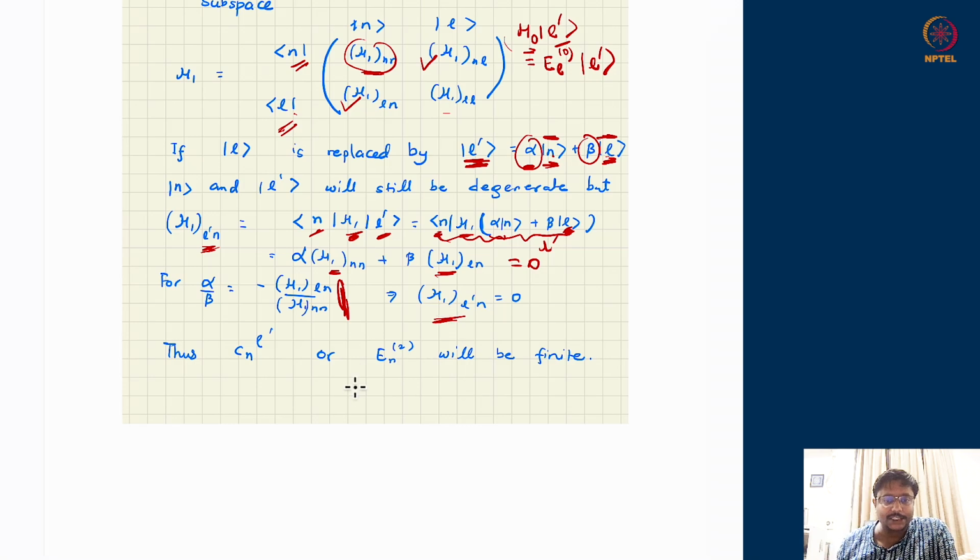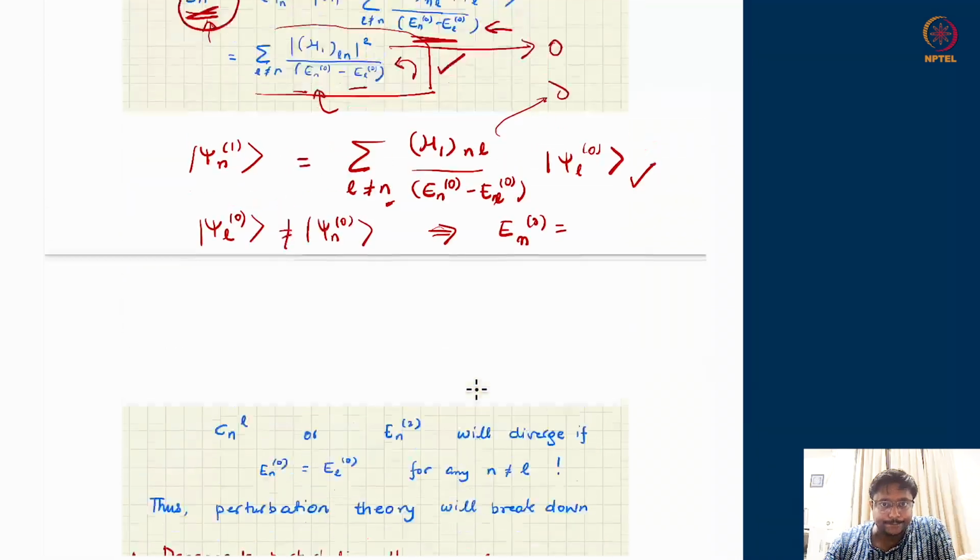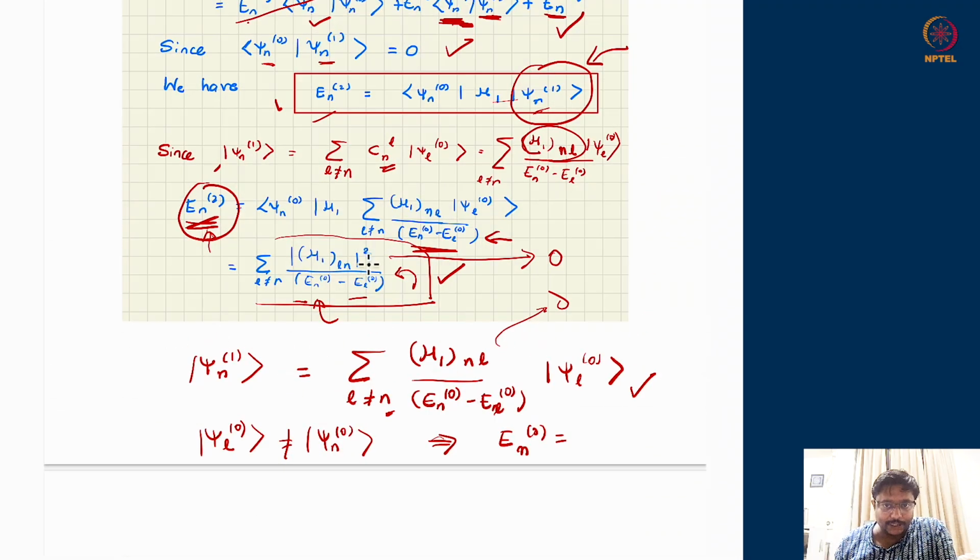So in this new basis, H1L primed n or H1 n primed n, these off diagonal matrix elements will be 0. Therefore this term will go to 0, and the risk of the denominator going to 0 will not hit us anymore.